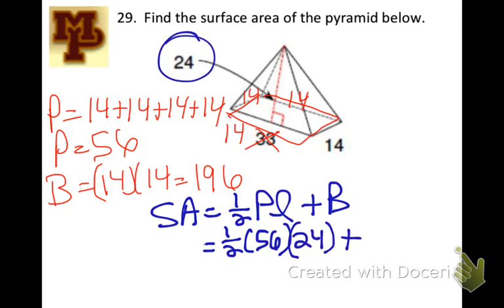And then plus the area of the base, which is 196. So let's do 1/2 times 56 times 24 plus 196. I got 868. That would be square units. We don't have any units, so I'm not going to worry about it.